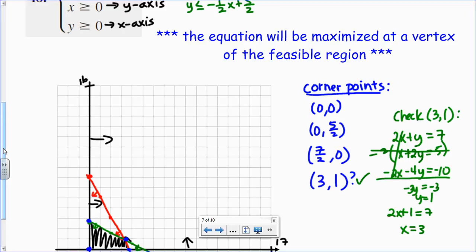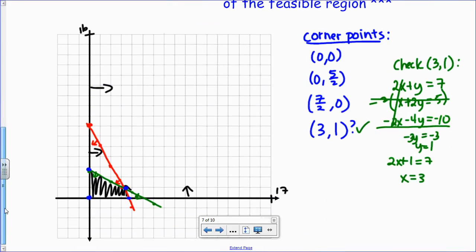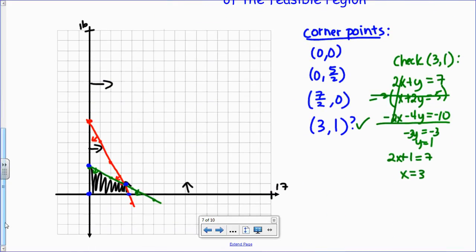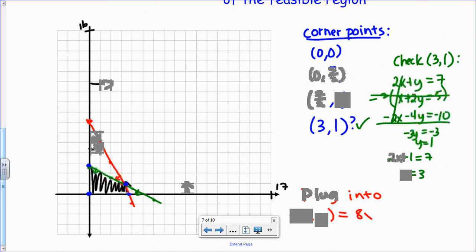Okay. Now, I plug all 4 corner points into my objective function. See which one gives me the biggest number, and that is my maximum. So plug into f of x, y equals 8x plus 5y. So I would take each one.